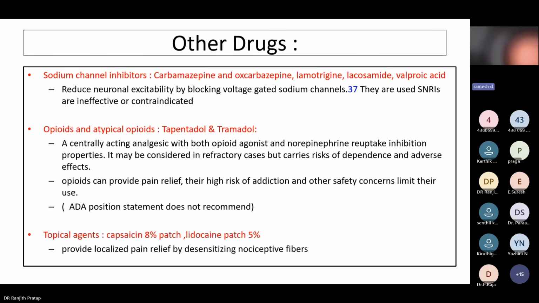Other drugs are sodium channel inhibitors, especially carbamazepine, oxcarbazepine, lamotrigine, lacosamide, and valproic acid, which reduce neuronal excitability by blocking the voltage-gated sodium channels.